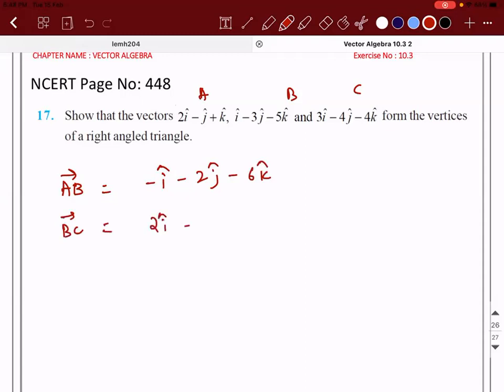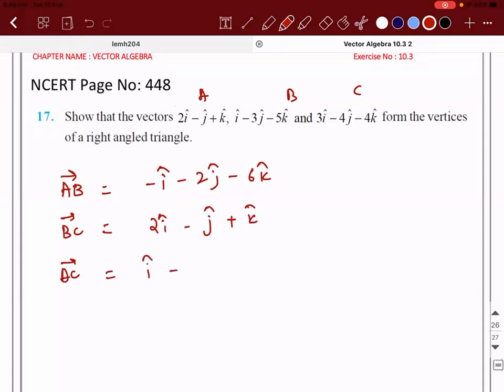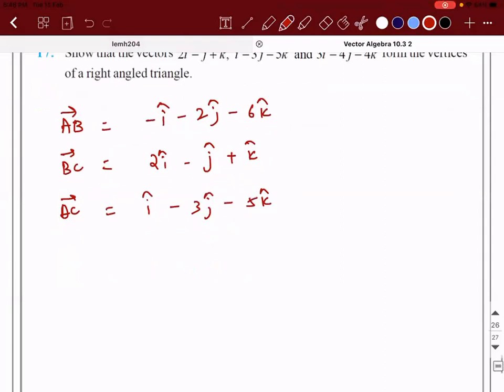So what is BC vector? 2i cap minus j cap minus 1 plus k cap. So what is AC vector? AC vector is i cap minus 3j cap minus 5k cap. So what you can do is take the dot product between any two vectors and one of them comes out to be 0.